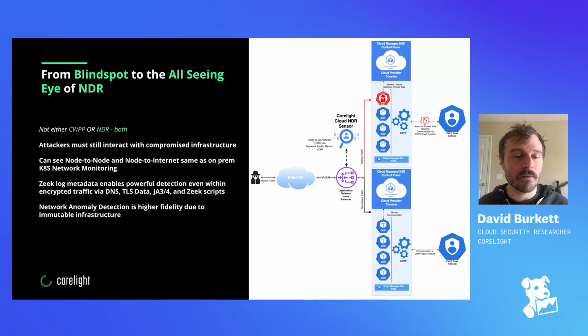HASSH from Corelight is an open source package that you can add if you have Zeek. You can start fingerprinting the SSH connections in your environment and getting an idea of what kinds of SSH agents there actually are. And that, again, becomes a powerful baseline despite being encrypted traffic.